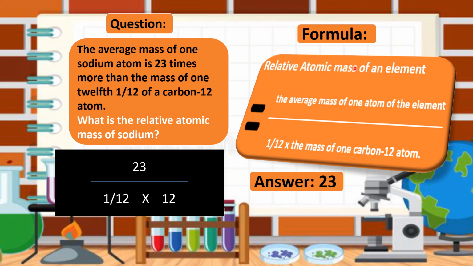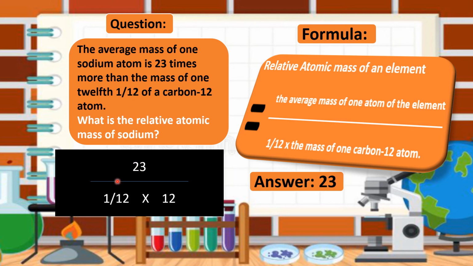Using this formula, the relative atomic mass of an element equals the average mass of one atom of the element over 1/12 times the mass of one carbon-12 atom.